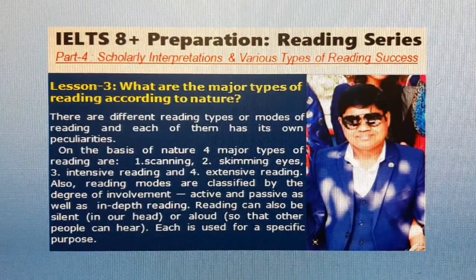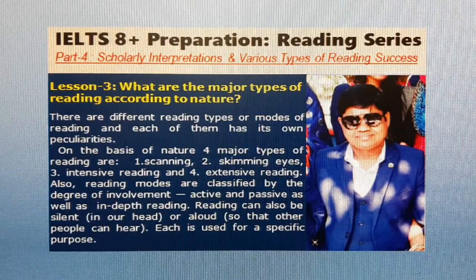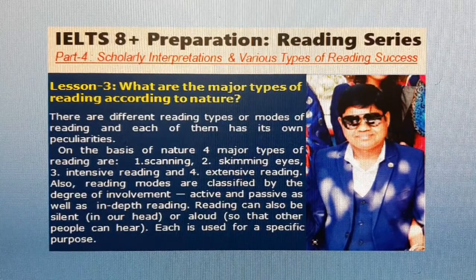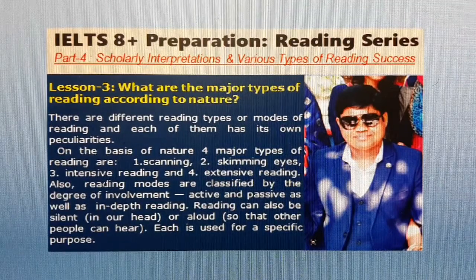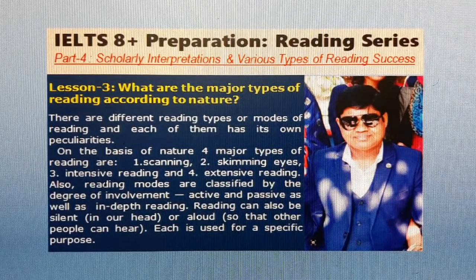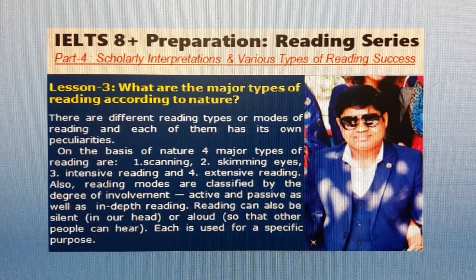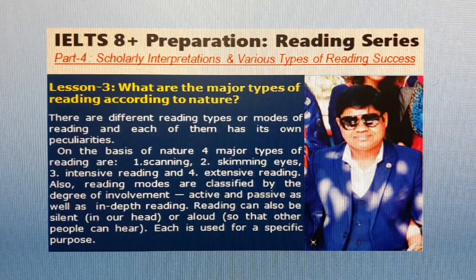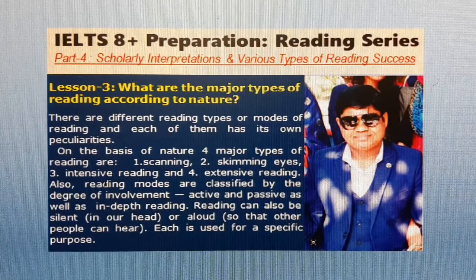Lesson 3. What are the major types of reading? There are different types or modes of reading, and each of them has its own peculiarities. Readings are primarily categorized according to nature of reading and purposes of reading. Also, reading modes are classified by the degree of involvement like active and passive as well as in-depth reading.